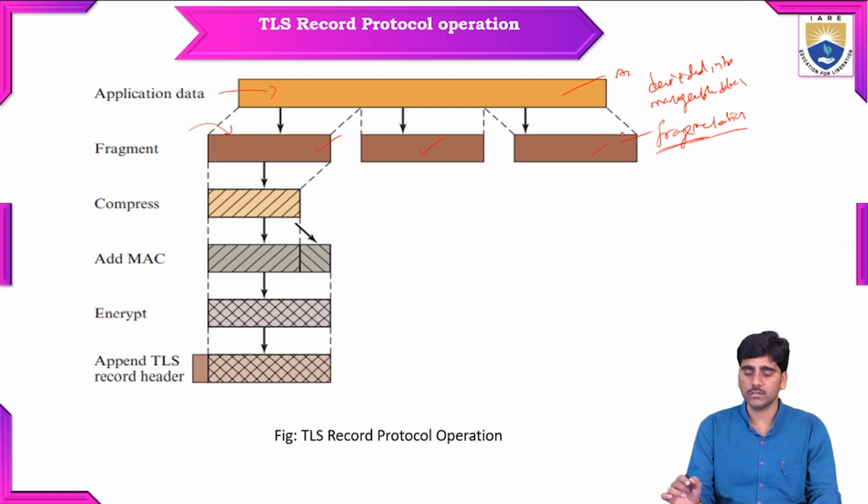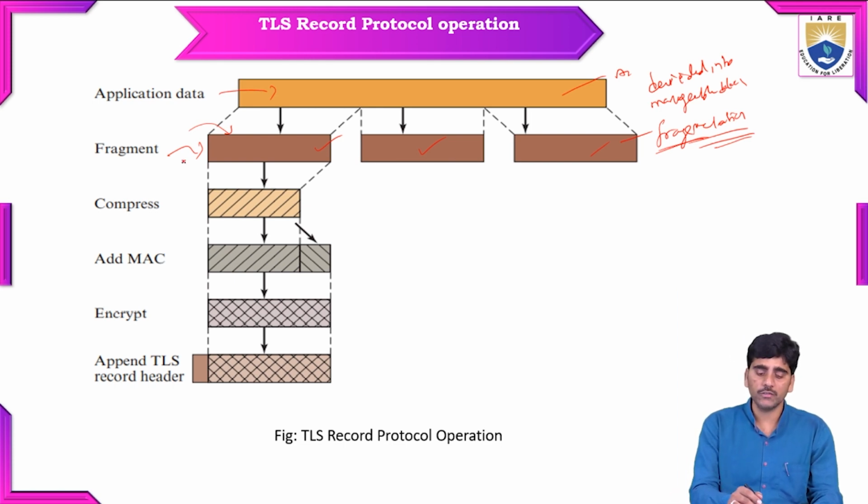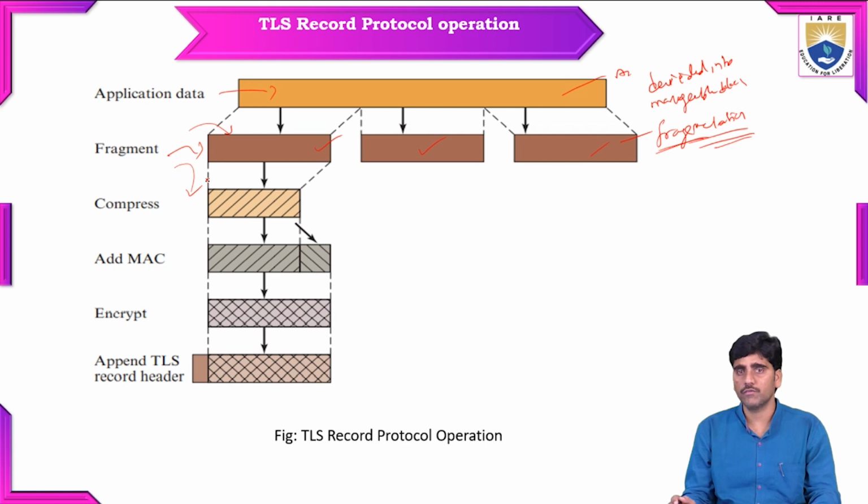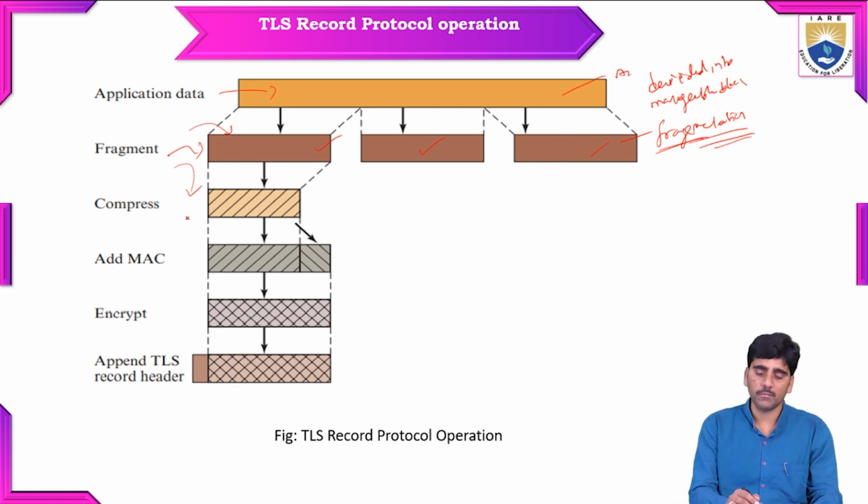Each and every individual block is called a fragment, and this entire process is called fragmentation. Now each individual fragment can be compressed with the help of a compression algorithm, such as zip.